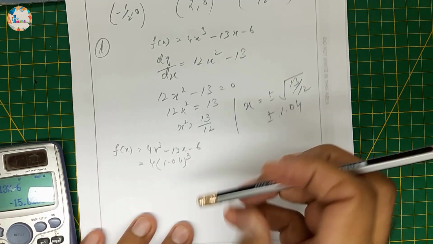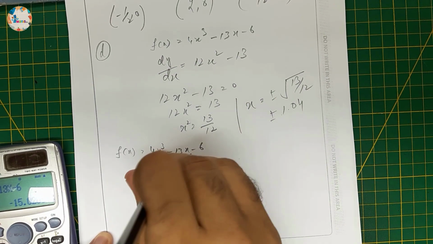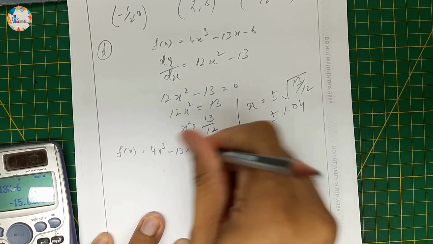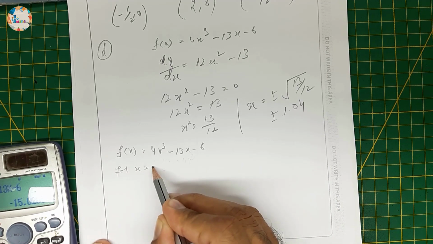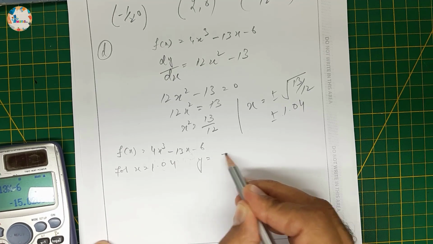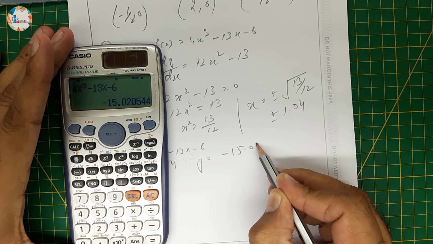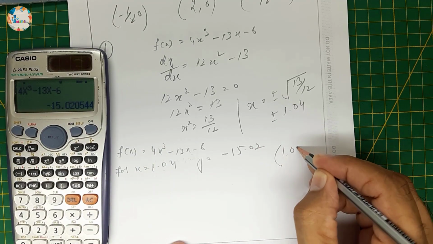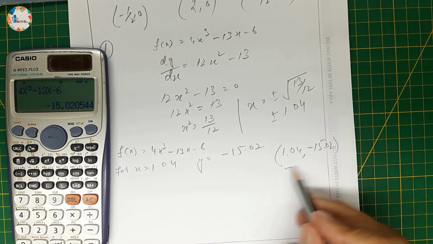So when we substitute the plus value, for x = 1.04, y will be equal to -15.02. So our point will become (1.04, -15.02). This will be 1 point.